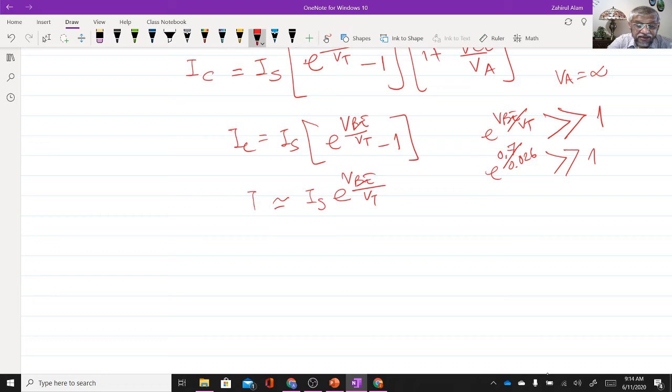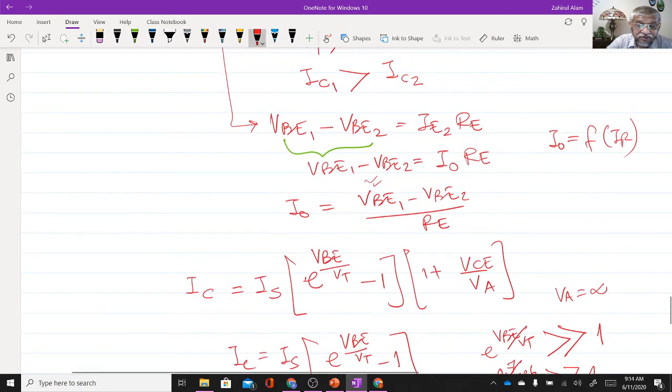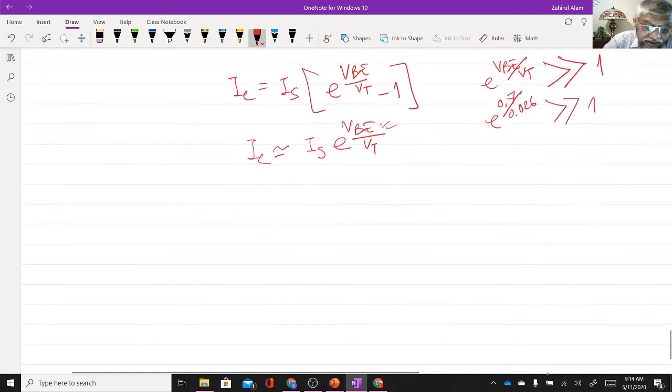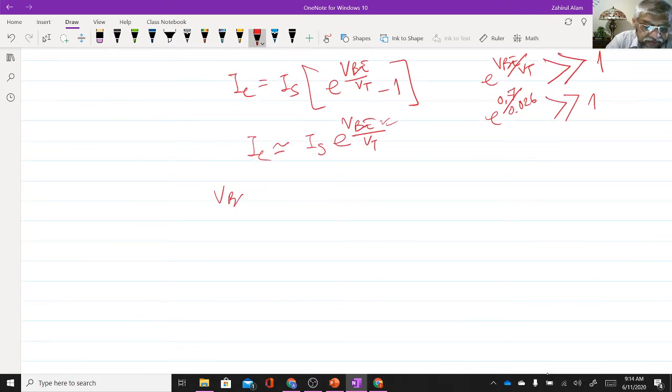So now we have come out with this relation. So collector current is related to VBE, and also now we can relate this VBE in terms of collector current. Now, as I mentioned, VBE1 is greater than VBE2. So in order to derive, we can easily derive.